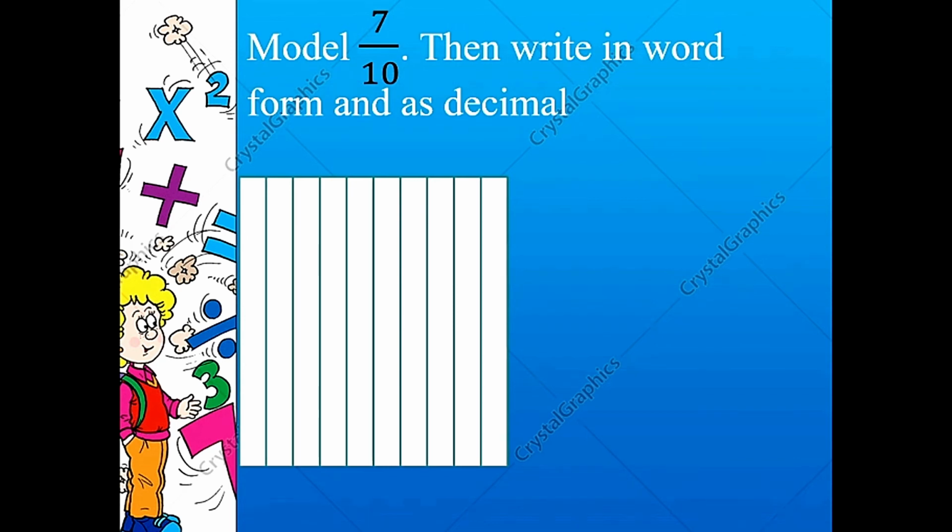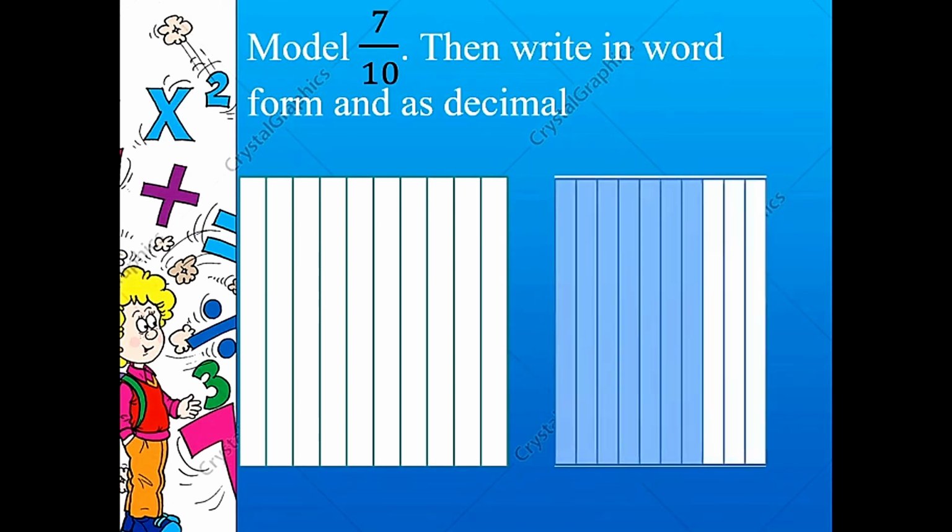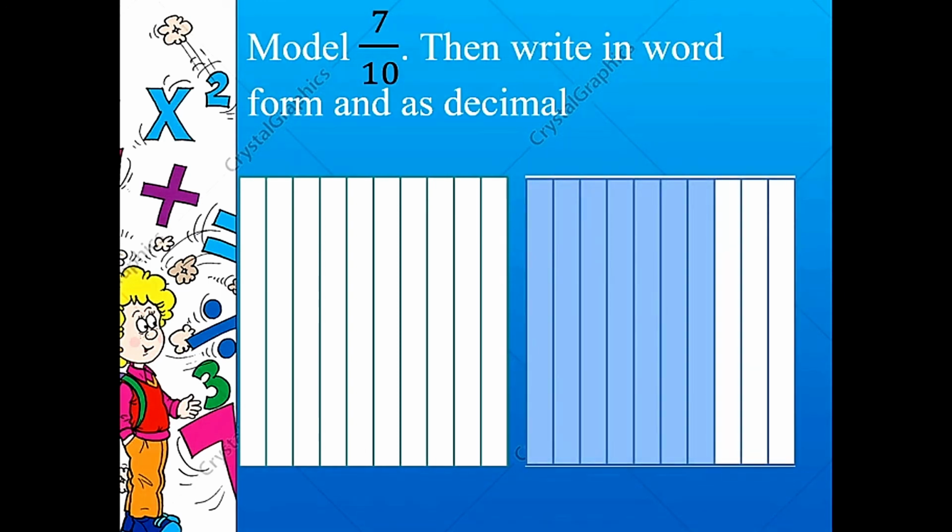Last one. Model 7 over 10. Our numerator is 7 and our denominator is 10. The same thing, we will write in word form and as a decimal. Now we will shade 7 columns. Let's count. 1, 2, 3, 4, 5, 6, 7.